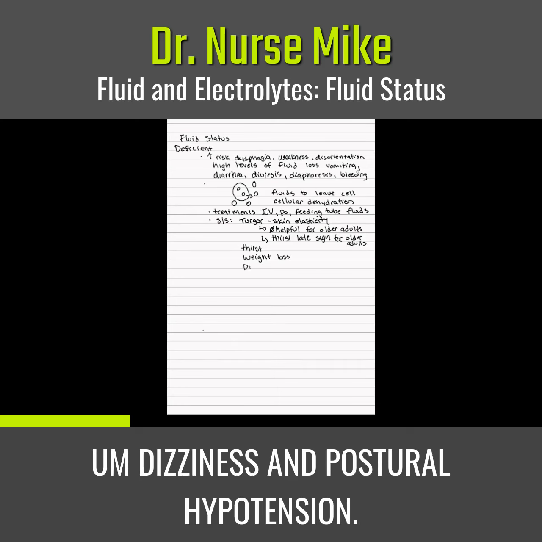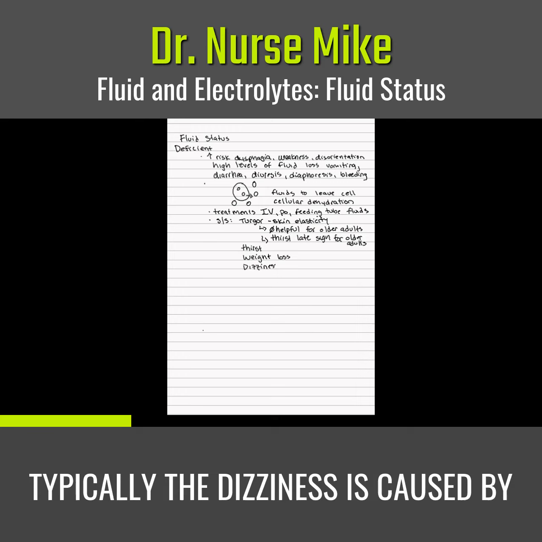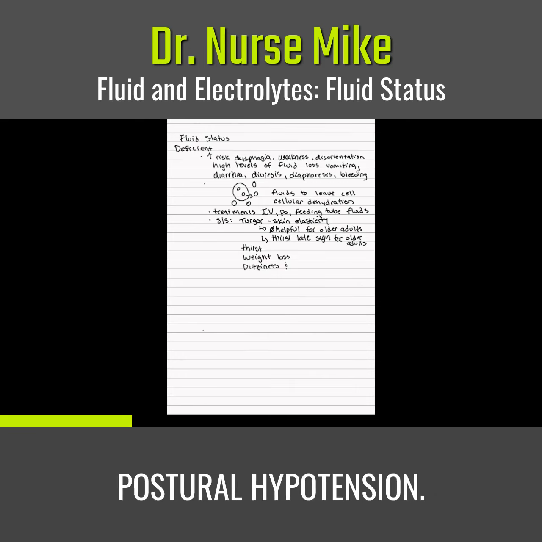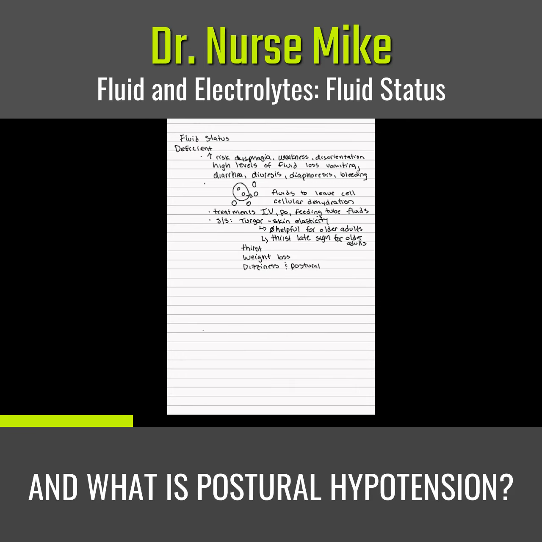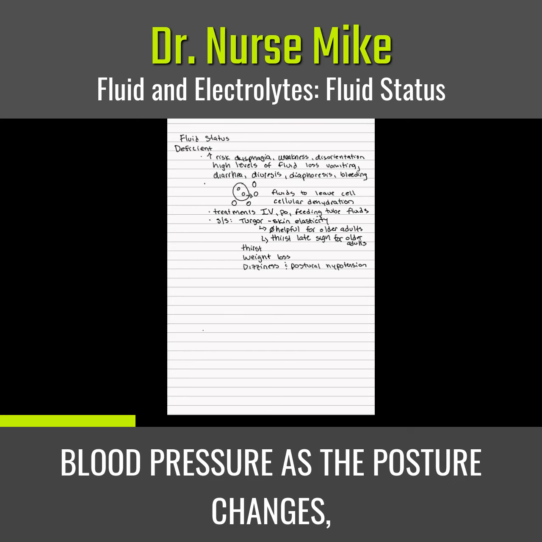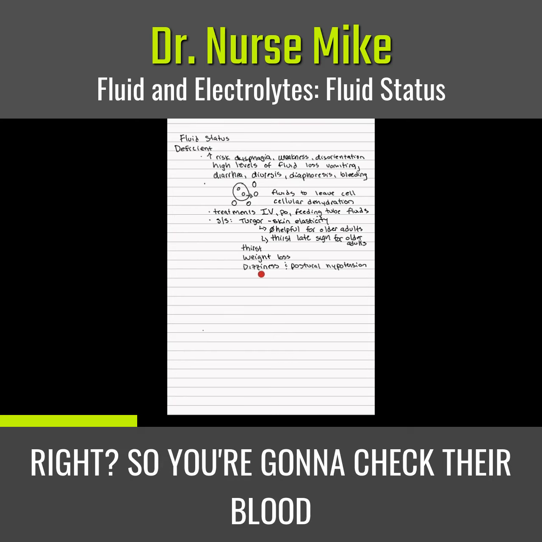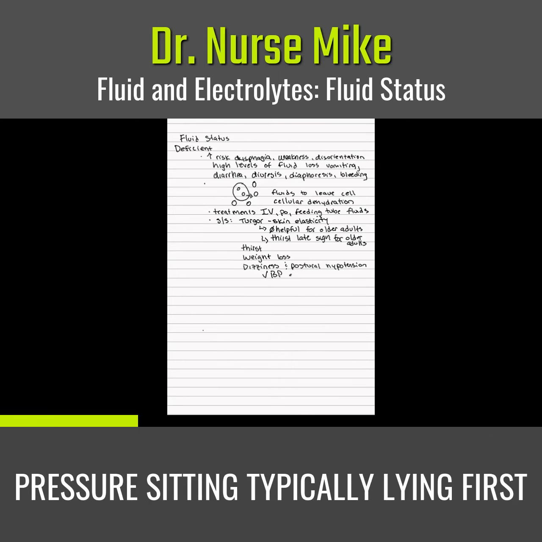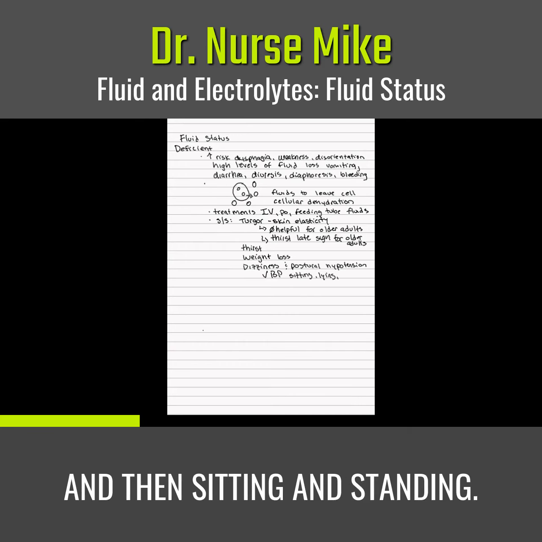Dizziness and postural hypotension. Typically, the dizziness is caused by postural hypotension. And what is postural hypotension? That's just a fancy word for decreases in blood pressure as the posture changes, right? So you're going to check their blood pressure typically lying first, and then sitting and standing.